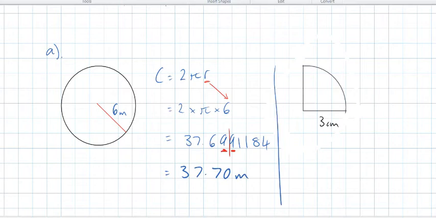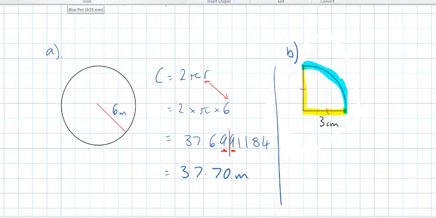Now, take B. B is more complicated. B is made up of 2 straight edges, which should have lines through them. 2 straight edges, each 3 centimeters long, and then a curved edge. So our perimeter of the shape, which is the distance all the way around the edge, all the highlighted area, has to be the straight edges plus the curved edge.